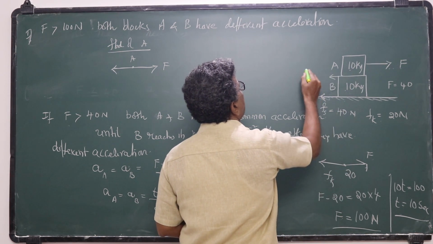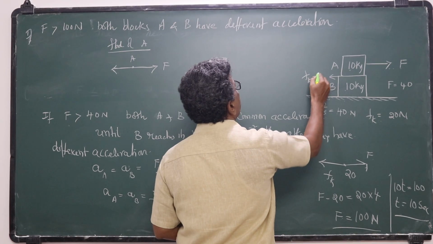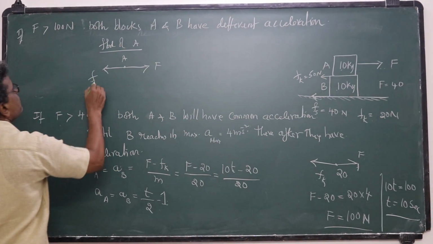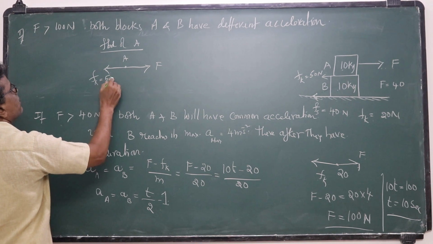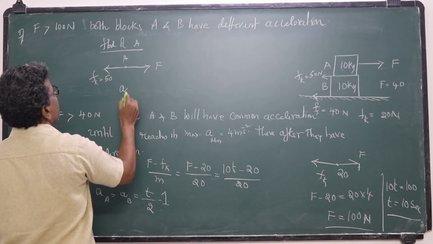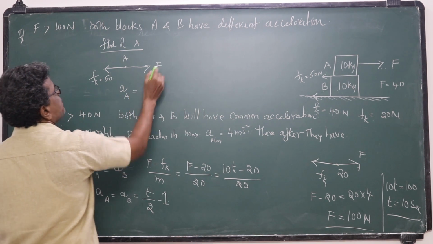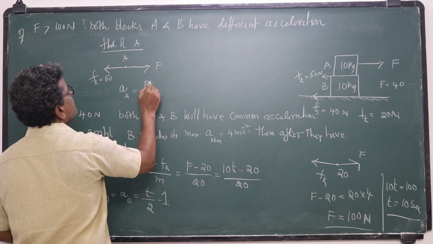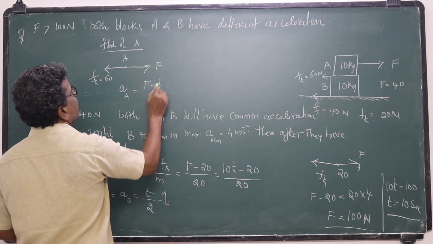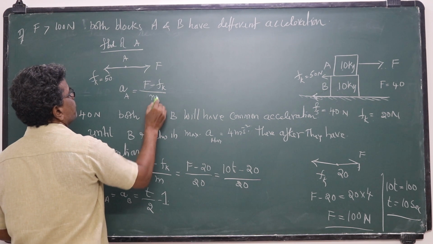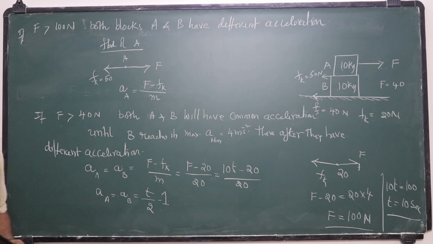Once the block starts moving, 50 newtons acts. So the acceleration of A is the force acting on it, that is F minus Fk, by its mass. Mass of A is 10.